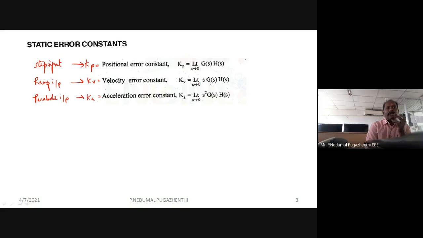The formulas are given here. Limit s tends to 0, G of s H of s is for Kp. Limit s tends to 0, s into G of s H of s is for Kv. Limit s tends to 0, s squared into G of s H of s is for Ka.